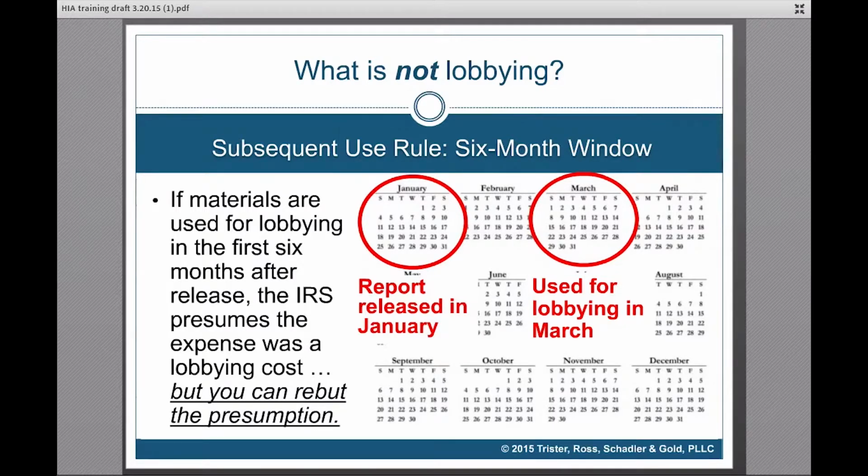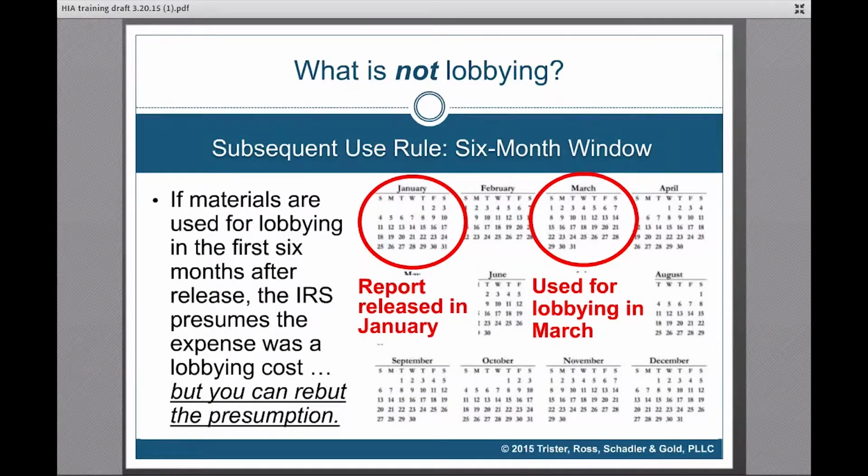There are two other exceptions that are especially pertinent for groups that are doing HIAs. The first one is for nonpartisan analysis, study, and research. A report that qualifies for this exception is not lobbying, even if you provide it to legislators.